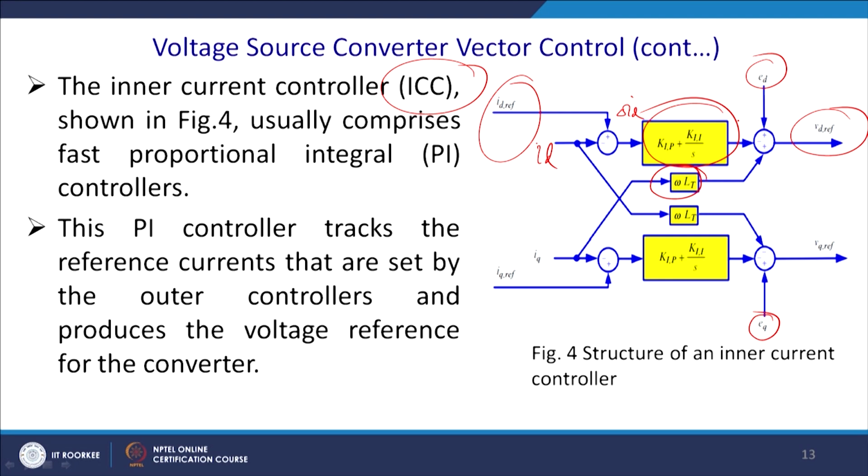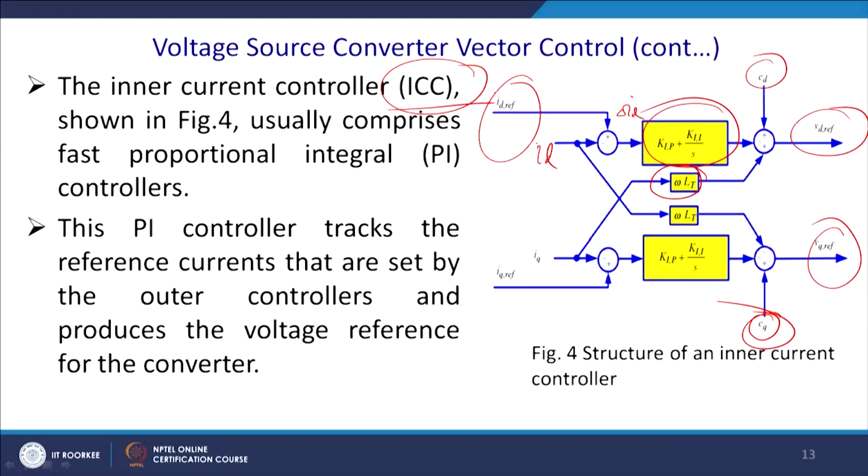In the same way here, you have IQ and IQ ref, you feed it to the PI controller, and the same way ID will be multiplied as a cross term and then subtracted, and thus you get the VQ ref. Then you convert from the DQ to the ABC frame.